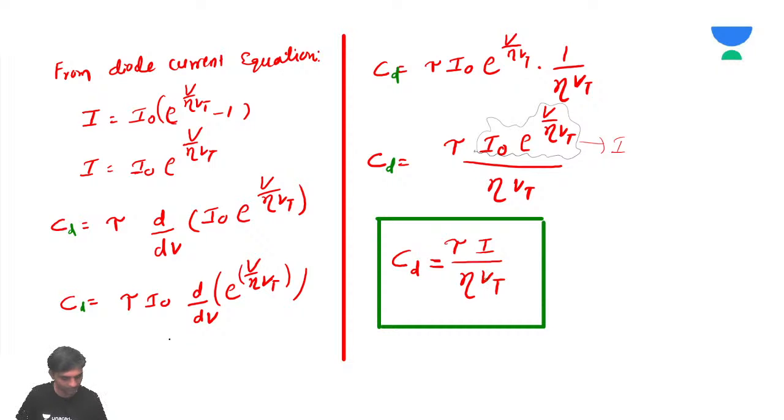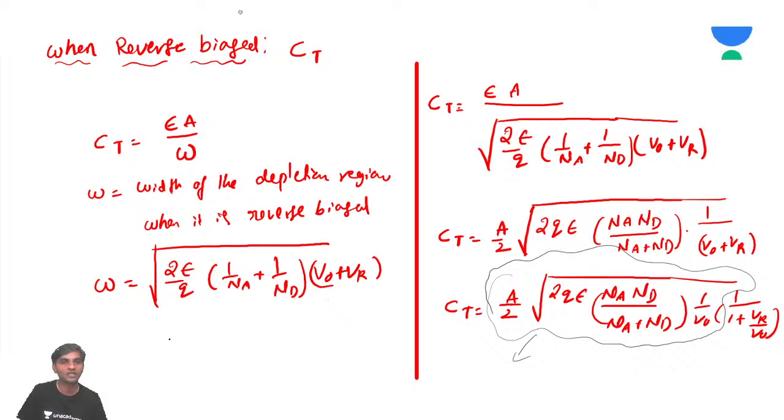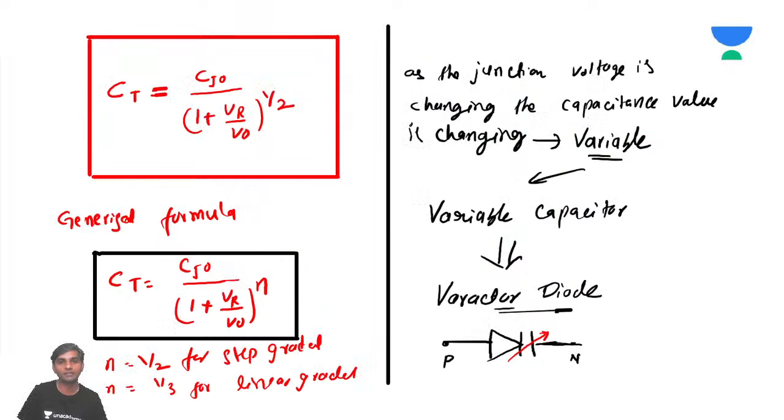And when it is reverse biased, we have transition capacitance. The value of transition capacitance is Ct equal to Cj by 1 plus Vr by V naught power n. Here Vr represents the reverse voltage, and once again n is equal to 1 by 2 for step graded junction and 1 by 3 for linear graded junction.